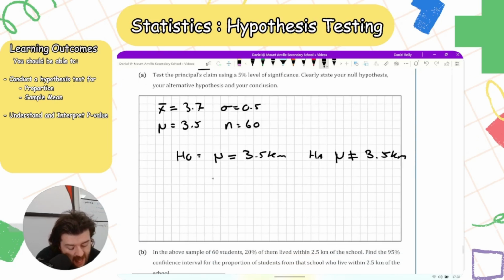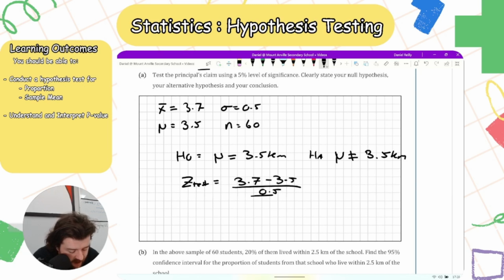So, to test this claim, we can just use a test statistic if we want. That is 3.7 minus 3.5 over 0.5 over square root 60. This is equal to 3.7 minus 3.5 divided by 0.5 over square root 60.